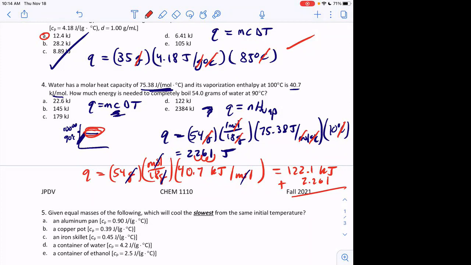It doesn't look like any of it, does it? What? We did it right. What is the molar heat capacity and its vaporization? E. Oh yeah, but that's probably there intentionally.